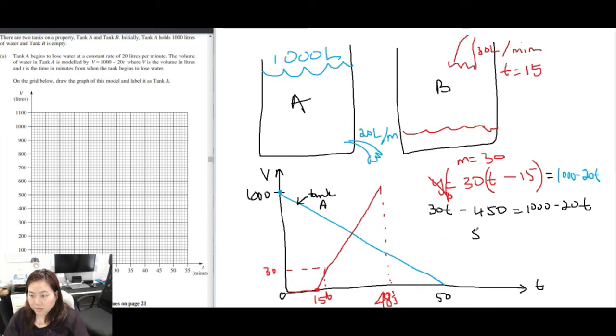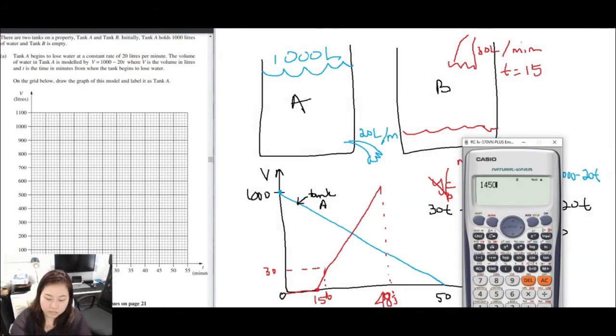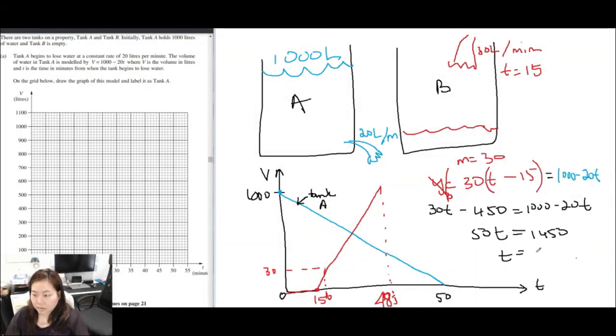Plus 20t would be 50t, plus 450 would be 1450. T would equal 29 minutes. So your graph should cross at 29 minutes.